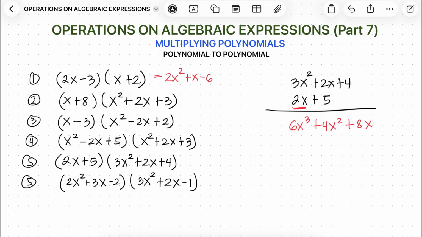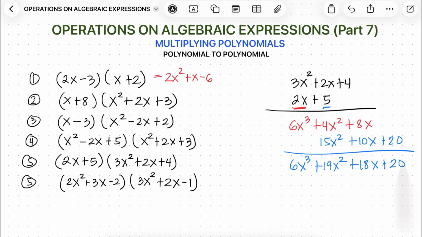And next, proceed to 5. 5 times 3x squared, that will be 15x squared. I will align it. Next, 5 times 2x, that will be 10x. And then lastly, 5 times 4, that will be 20. And combine like terms, so that is 6x cubed plus 19x squared plus 18x plus 20.